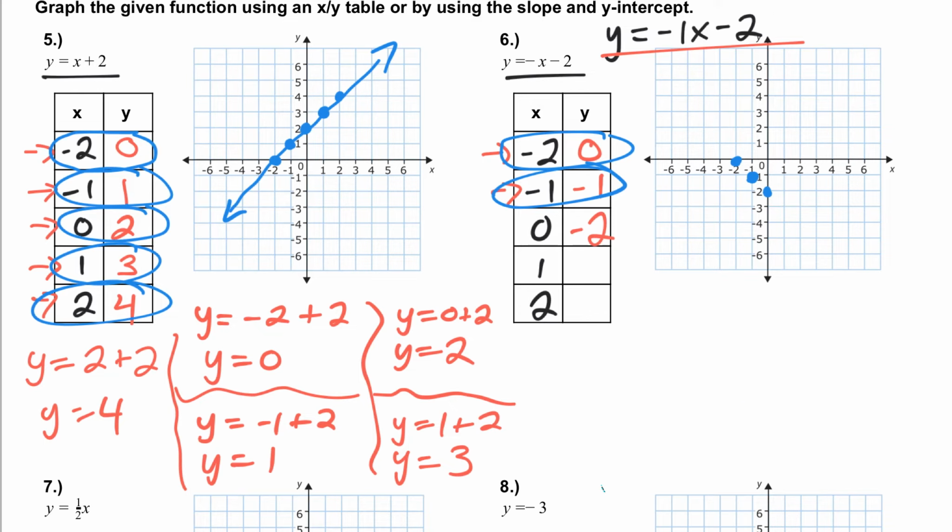Let's plug in 1 for x here. If we plug in 1 for x, we get y is equal to -1 times 1 minus 2. -1 times 1 is a -1. Bring down our minus 2. So we're looking at y is equal to -1 minus 2, which is the same as -1 plus -2.